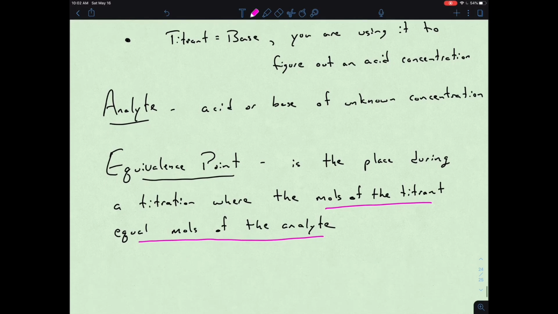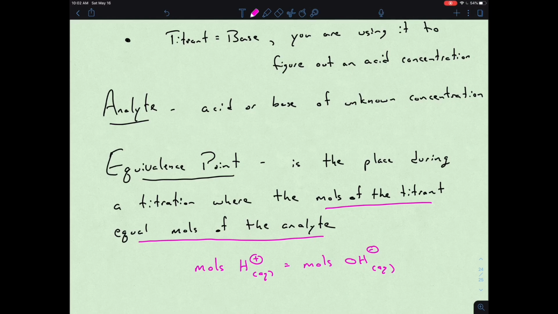If we think about it a little bit differently, we could simply say this is when moles of H plus is equal to moles of OH minus. That's the equivalence point.